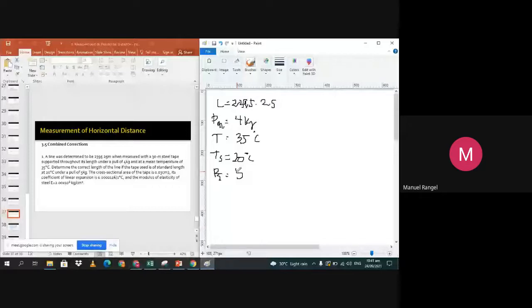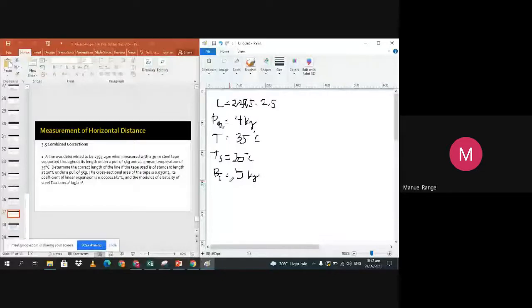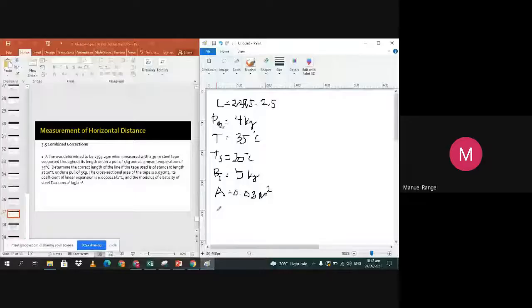Okay. The cross-sectional area of the tape is 0.03 square centimeter. So its coefficient of linear expansion is 0.0000116. So sa ito nga formula, it's from temperature, linear expansion.